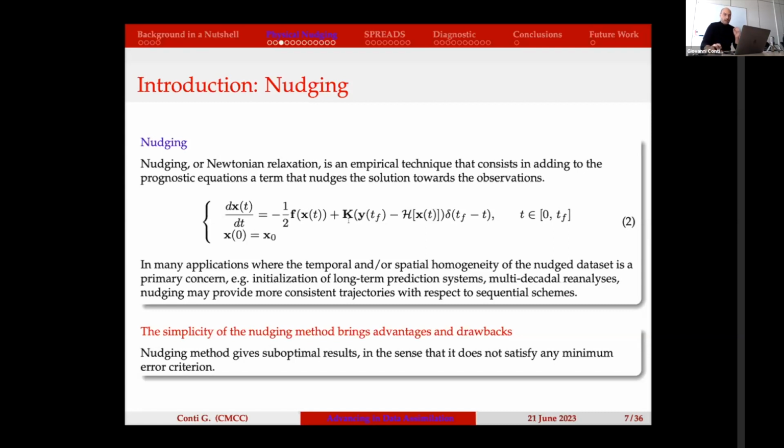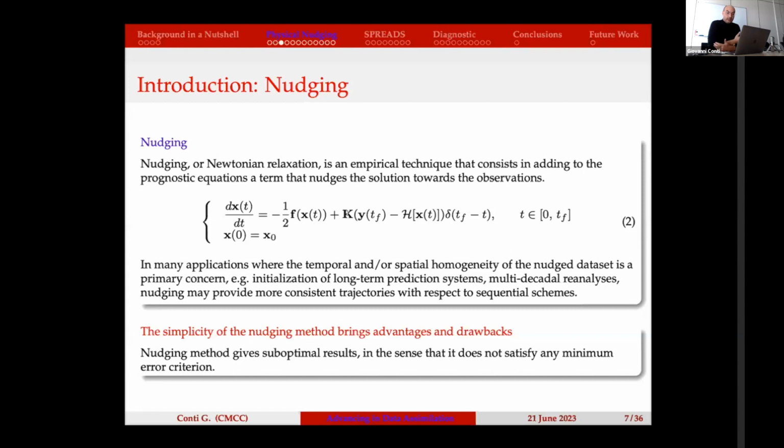Then we apply to this system a new term that is basically the difference between the observation y at the analysis time and the simulated observation. So h is an operator that takes our state vector and computes the simulated observation, and then we do a comparison. And we weight this quantity with this gain matrix, which in this case is basically a diagonal matrix whose diagonal elements are just 1 over some time scale.